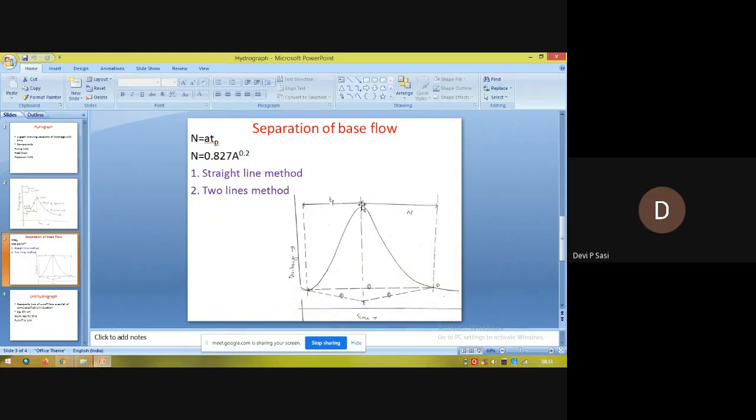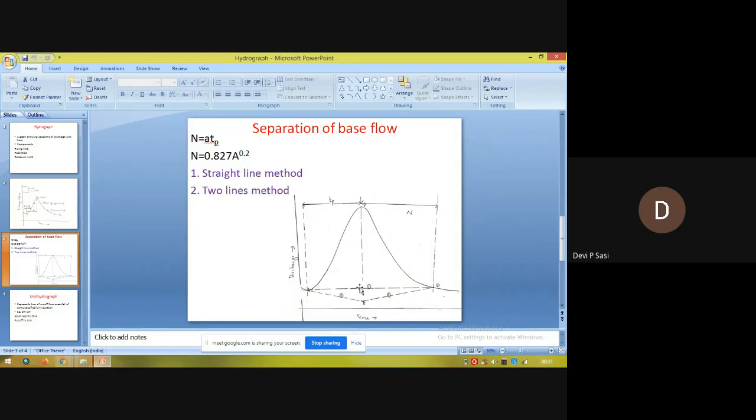Similarly, we draw a perpendicular line from point P. So both of those lines meet at point E. You can see those lines meet at point E, and from E you extend the line to meet point D. So you can see that the segments AE and ED demarcate or separate direct runoff and base flow.